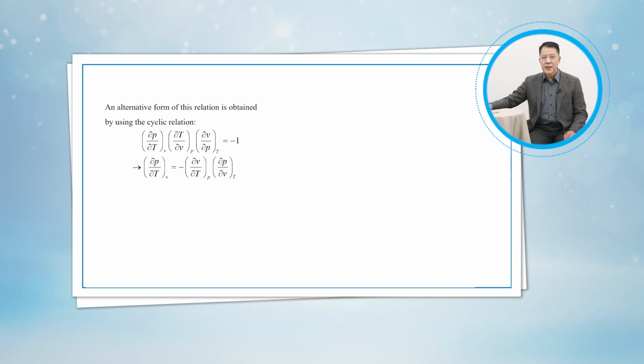An alternative form of this relation is obtained by using the cyclic relation. From the cyclic relation, we have the change in pressure that occurs when temperature changes while volume remains constant. Then the difference of the specific heats is given.